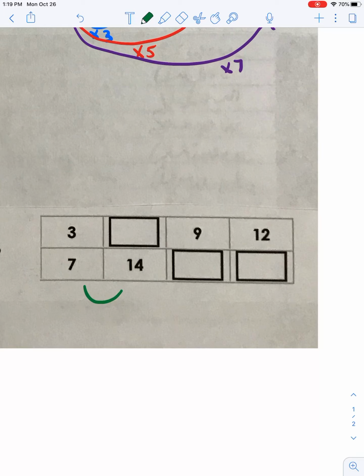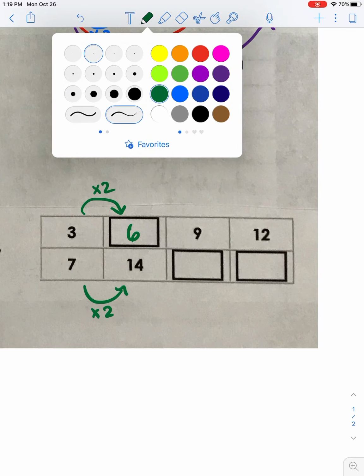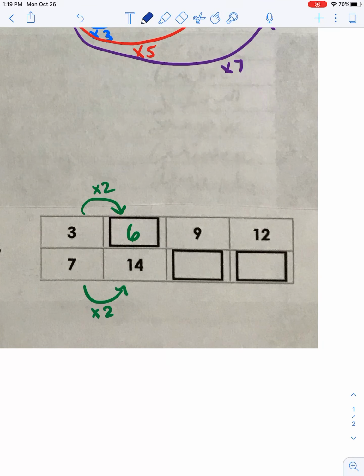And let's do one last one. I know here that 7 times 2 is 14. So 3 times 2 is going to be 6. And here you can tell, if you look at the top, you can say, oh, I have 3, 6, 9, 12. So I am counting by 3s.